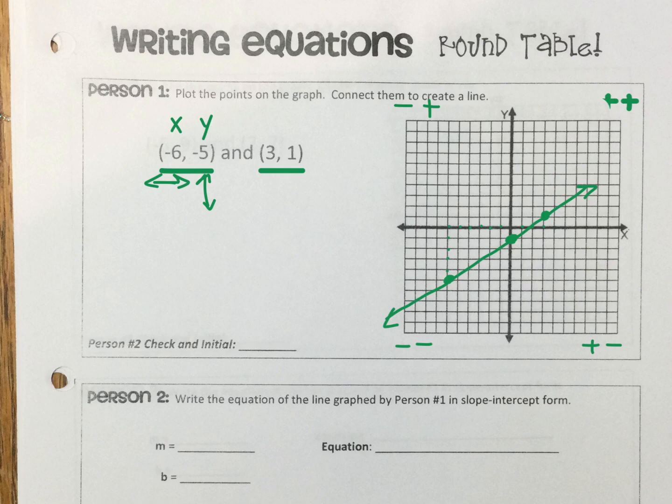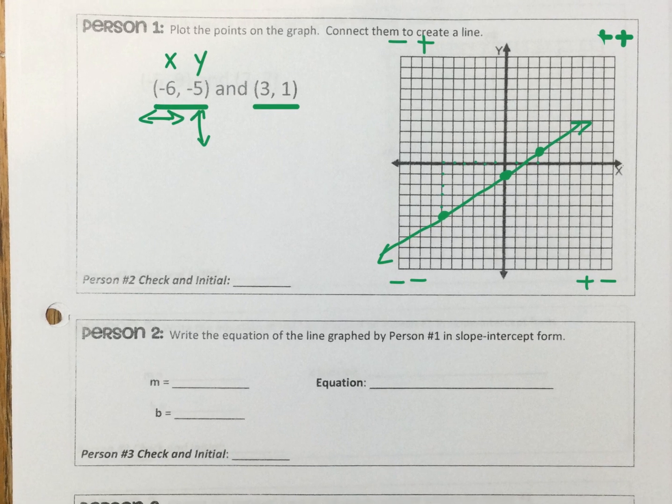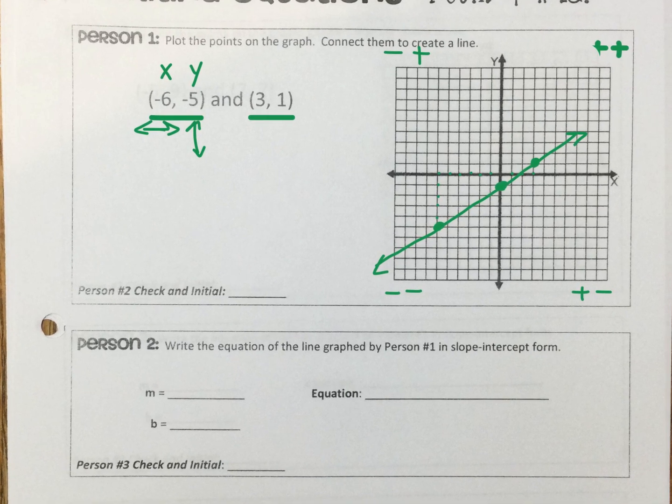So, first thing you're going to do is graph it. The second step is we're going to find the m and the b. Remember, the m is our rise over run. So, I'm going to look at this dot and that dot. My rise is 1, 2.